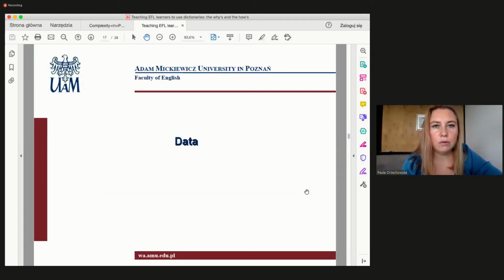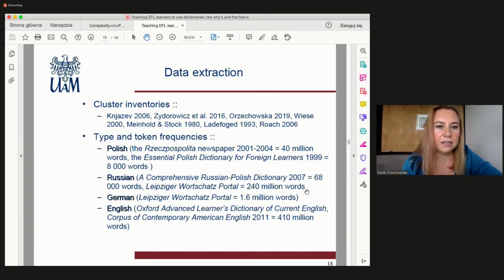Okay, so the data which was extracted for these studies were taken from various course books, handbooks, dictionaries, corpora, so cluster inventories, but also type and token frequencies. So the data goes into millions.